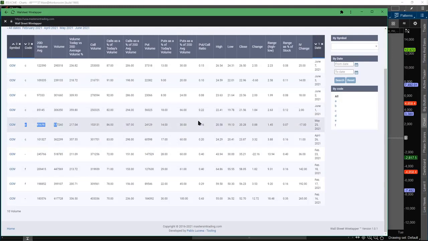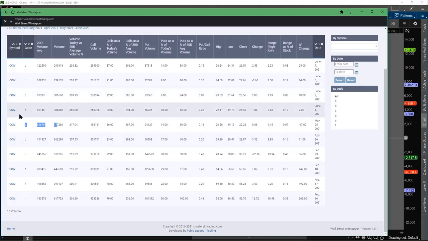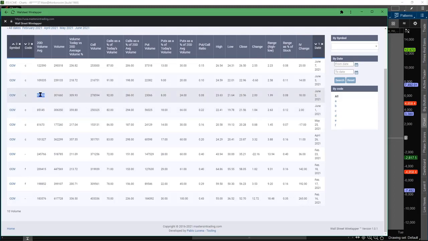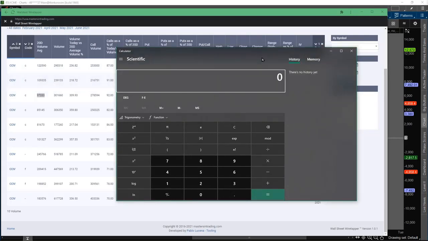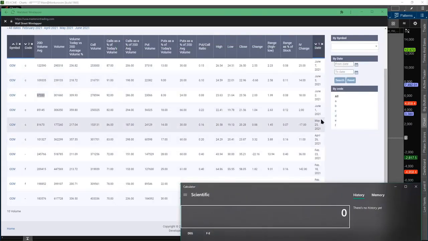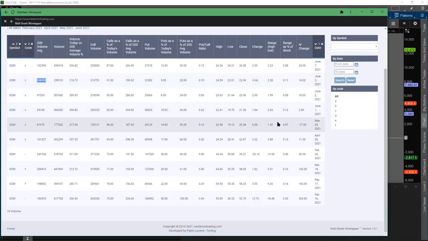In particular, I guess what alerted me to CCIV was, if we take the 20-day, this is all math, literally just all math. If we take, let's say whenever we ran that was around here, last week that is.